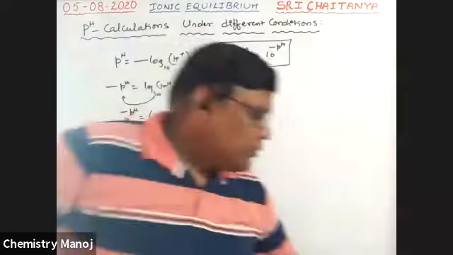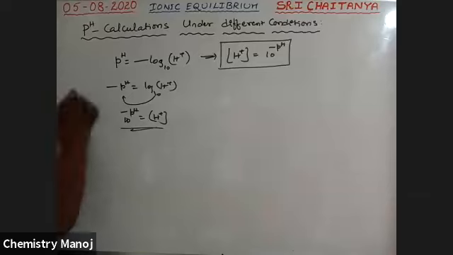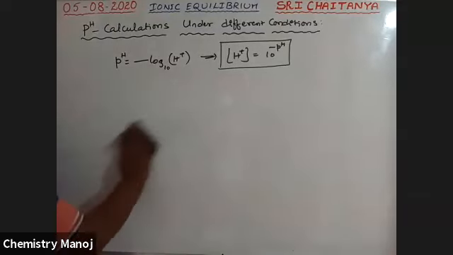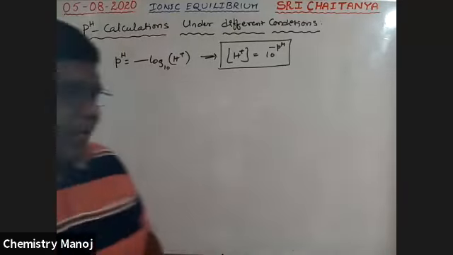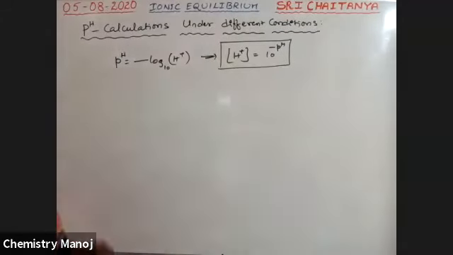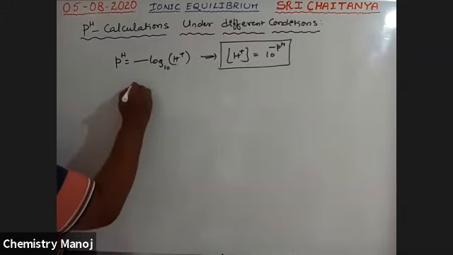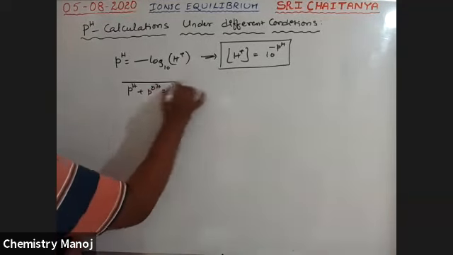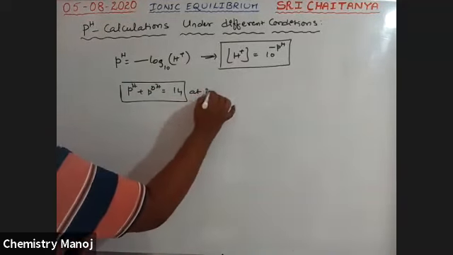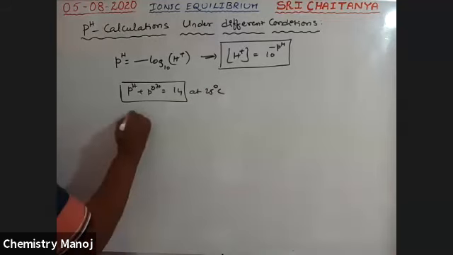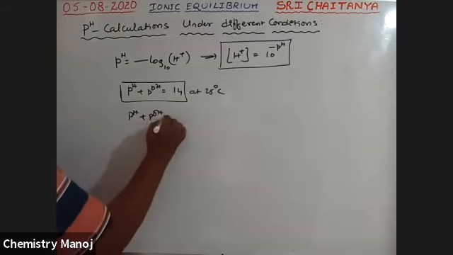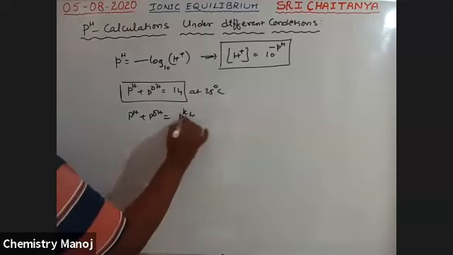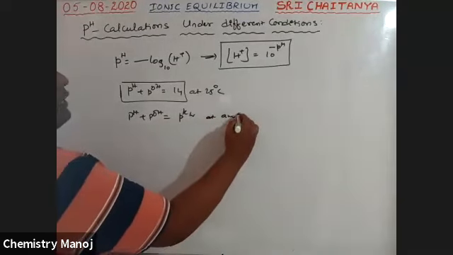Okay. H plus concentration is equal to 10 power minus pH. Next, pH plus pOH is equal to 14 at 25 degrees centigrade. pH plus pOH is equal to pKw at any temperature.